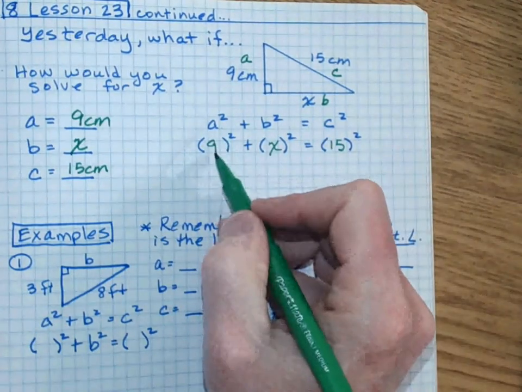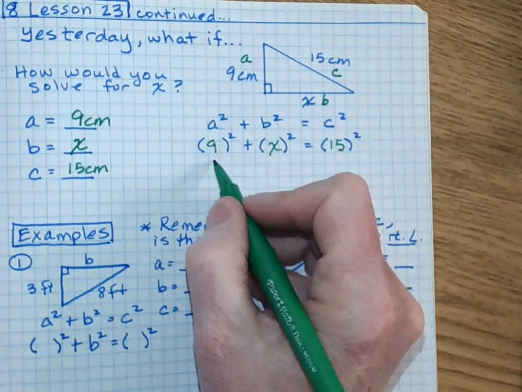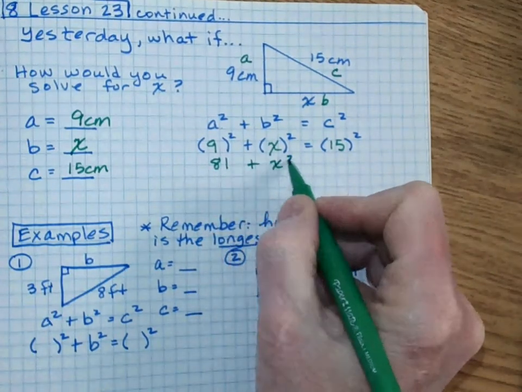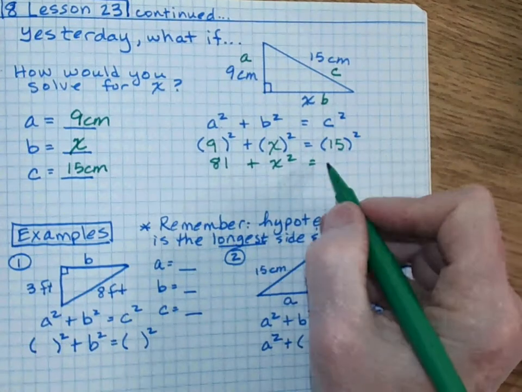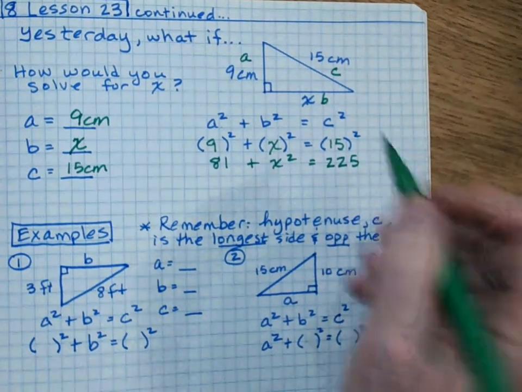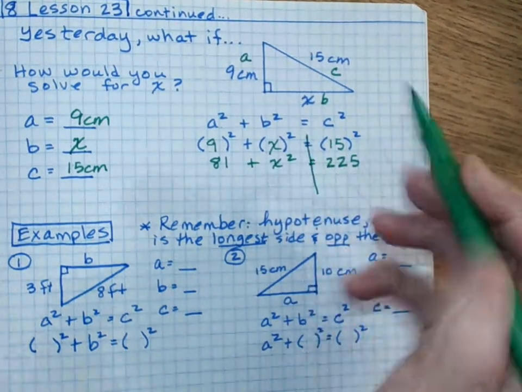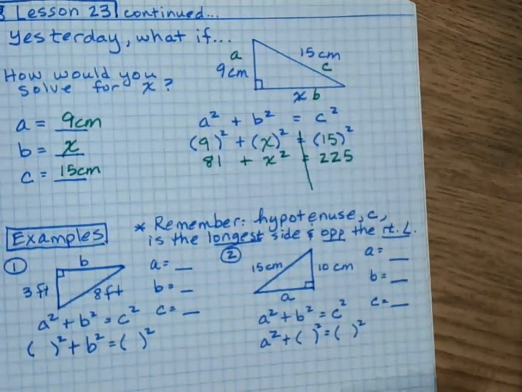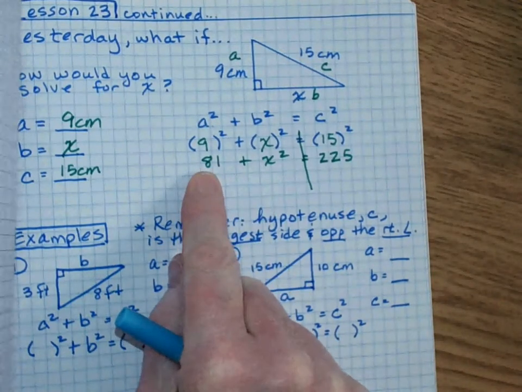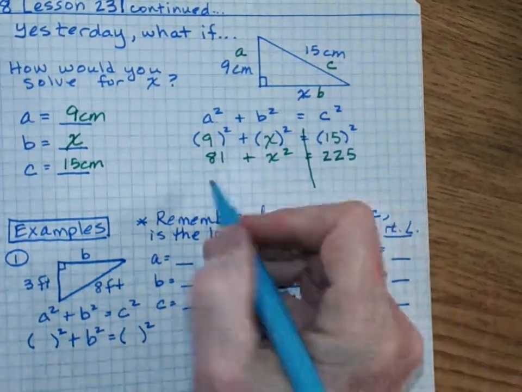My A is 9, so 9 squared is 81. 15 squared happens to be 225. Again, you may use a calculator. When I solve this with inverse operations, I'm trying to solve for x, so I need to subtract 81 from both sides.